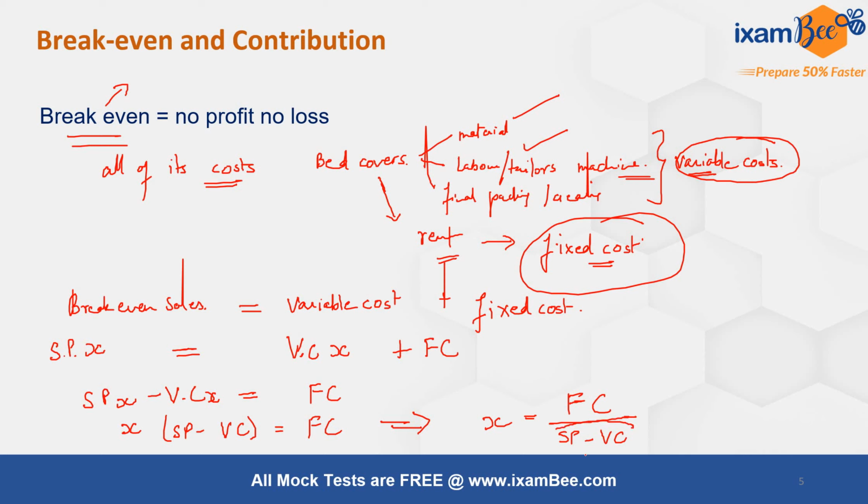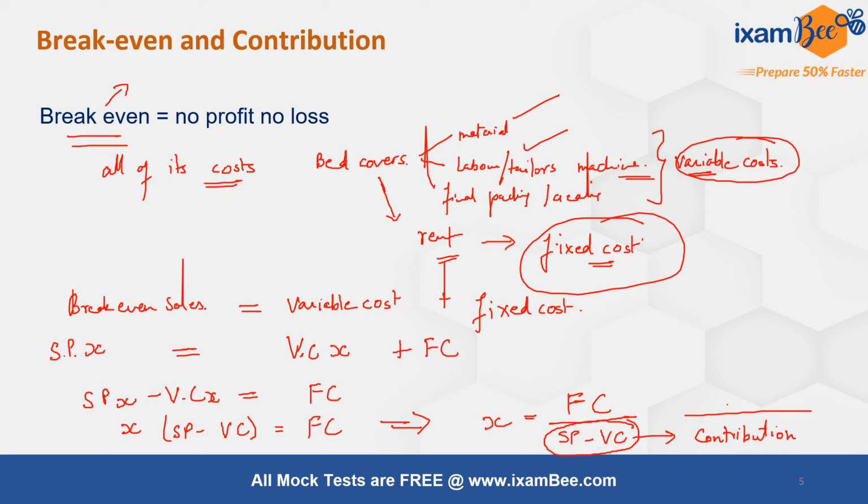Now this term, selling price minus variable cost, is referred to as contribution. We call it contribution because this is the contribution per product that the company is able to earn. So that is known as my contribution.